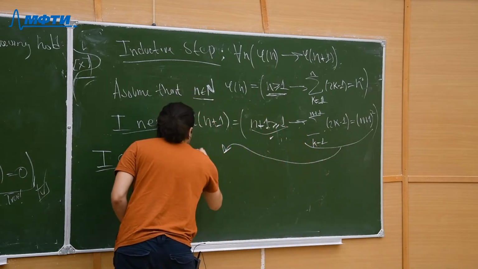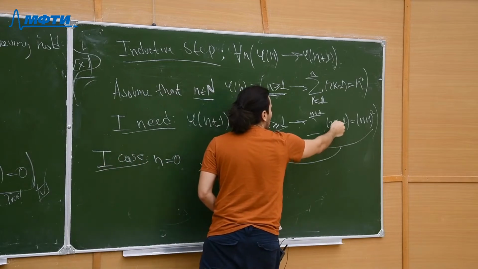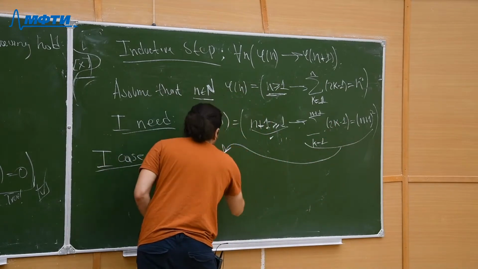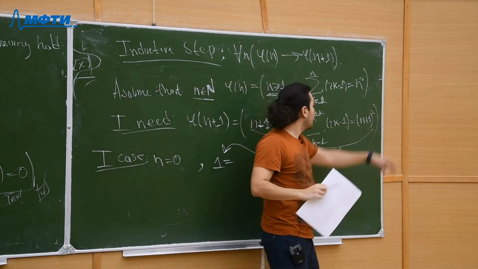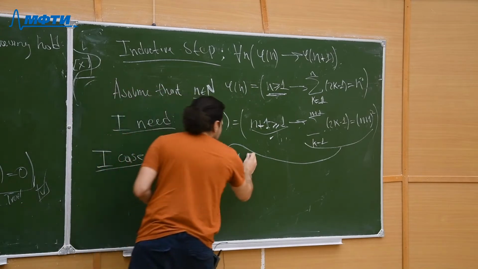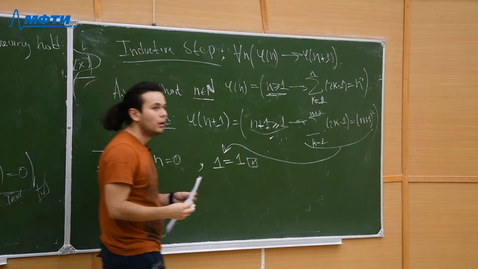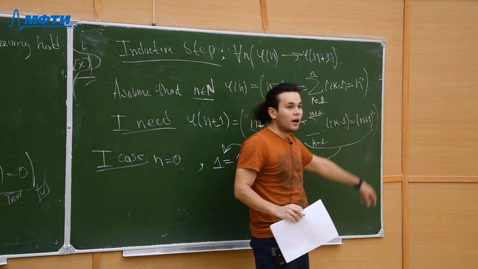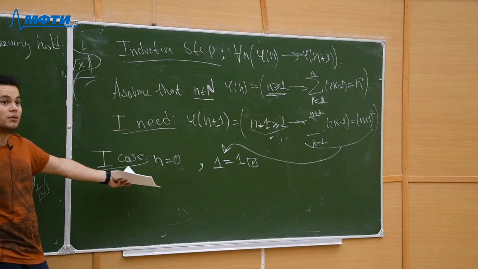So this is going to be 2 minus 1, so 1, equal to 1 squared, so 1, right? 1 equals 1, so this is checked. So this holds for n equals 0.